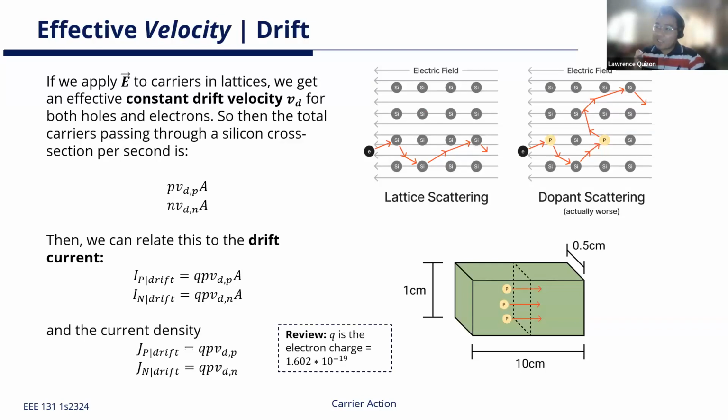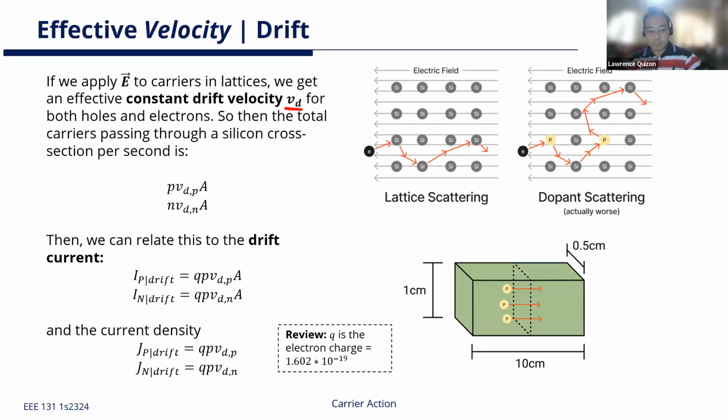Because you accelerate, you bump into something, you stop, you lose all of that effort, and then you start accelerating again. So it has an effective constant velocity when it moves around, electrons and holes alike. So we have this effective constant drift velocity, VD, that we get for applying an electric field to the carriers.